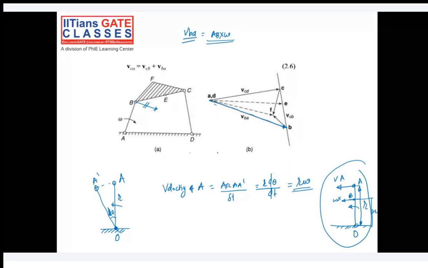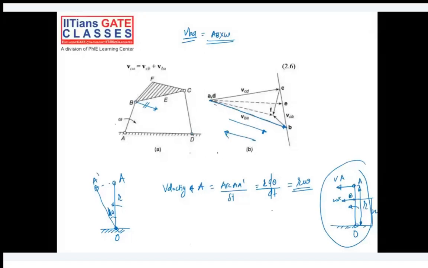Similarly, the velocity of BC will be perpendicular to BC, so I will draw a line parallel to it from point B. We know the length of this velocity vector, that is AB multiplied by omega. AB length is known and omega is also known.